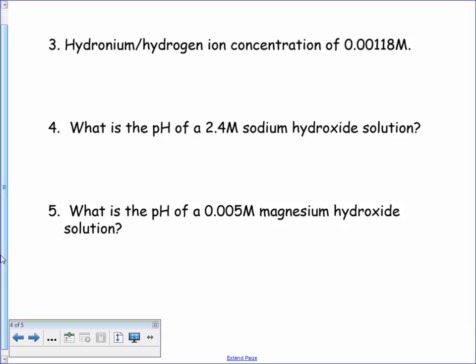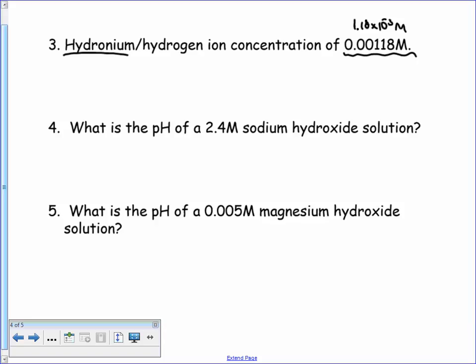So the first question we'll ask ourselves is, do we have an acid or a base? We're given a hydronium concentration of 0.00118 molar. If we put that in scientific notation, that's 1.18 times 10 to the negative 3 molar.